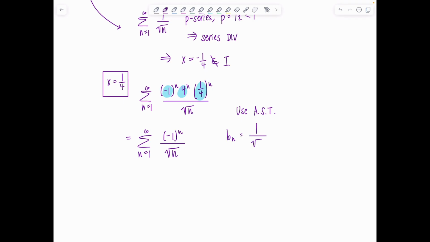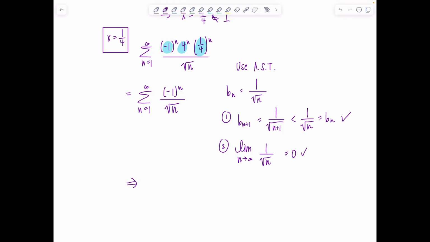So I need to check two things. Is Bn decreasing? Bn plus 1 is 1 over rad n plus 1. Yep, that's for sure less than 1 over rad n. So it's decreasing. And the second thing I'm going to check is what's the limit as n goes to infinity of Bn? Yes, it's 0. So that means the sum, n equals 1 to infinity of (-1)^n over rad n converges by AST.